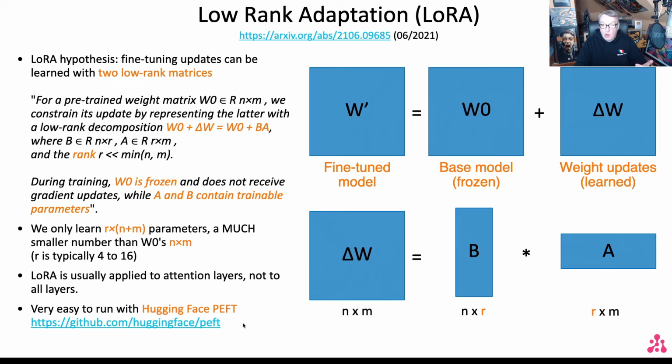There's a variant of LoRA called QLoRA, and the Q stands for quantization. And so we do exactly this, except first we quantize the model to a smaller data type, right? So if you have a 16-bit model, you will load it in maybe 8-bit or 4-bit, okay? And then apply LoRA.